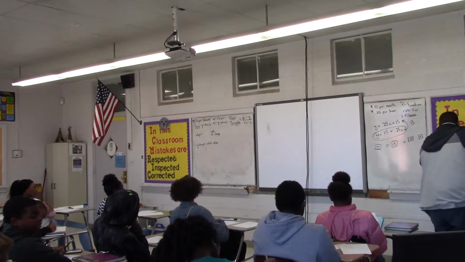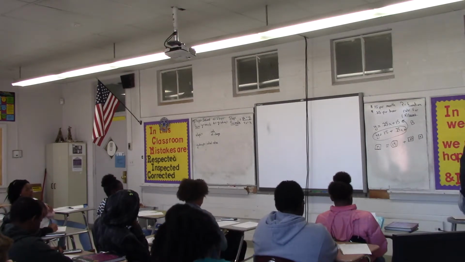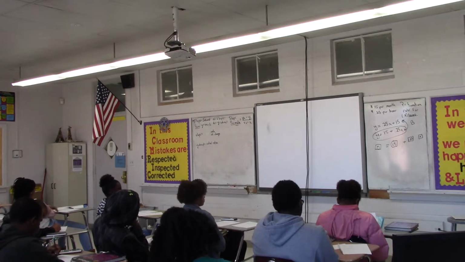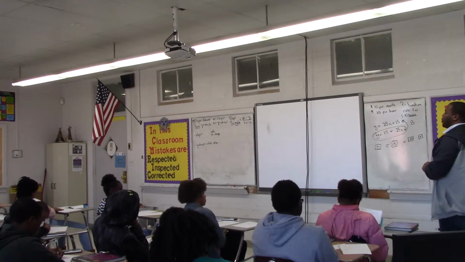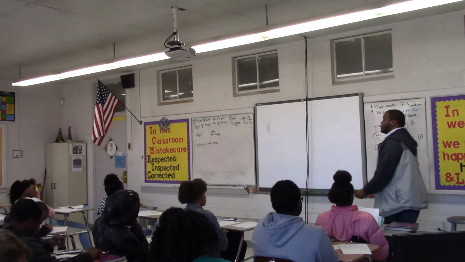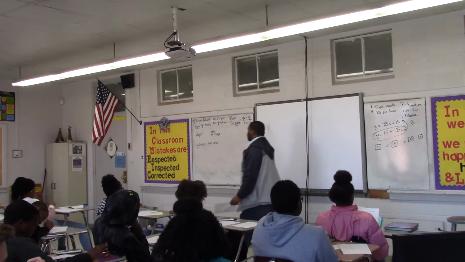So before we do the quick check, I also want to go through number 2, okay? Number 2 is actually a little bit easier to me than doing word problems. Word problems take a lot of reading anyway. Alright. So Stevie, can you read 2 for me?